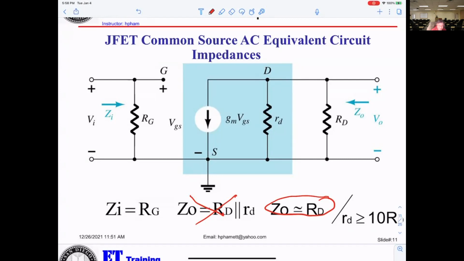I can give you an example here. You get a 1K resistance in parallel with a 10K. What is the equivalent?